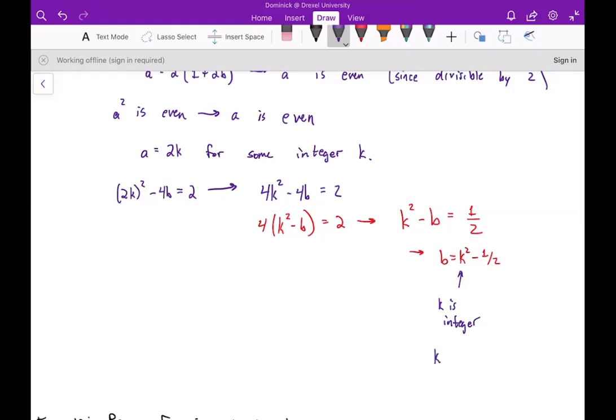So k squared minus 1/2 is an integer minus a fraction, so this is going to give us a fraction. But b is also an integer from our assumption, right? So this is a contradiction, and sometimes we use the line with sort of an x through it, and this gives us, of course, the contradiction that we want.